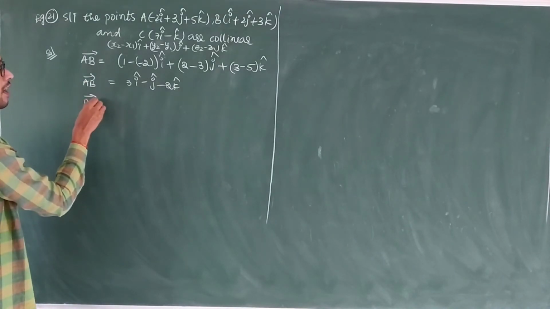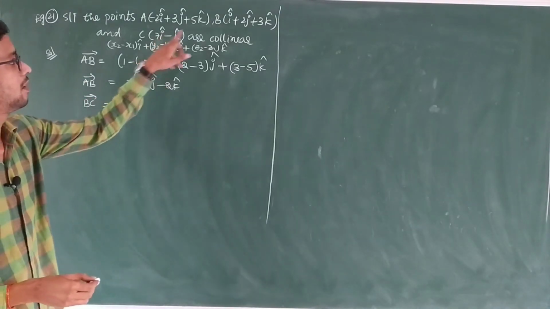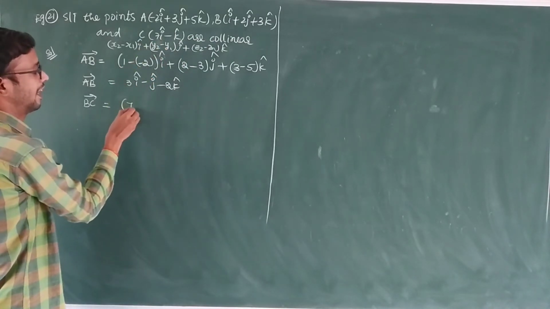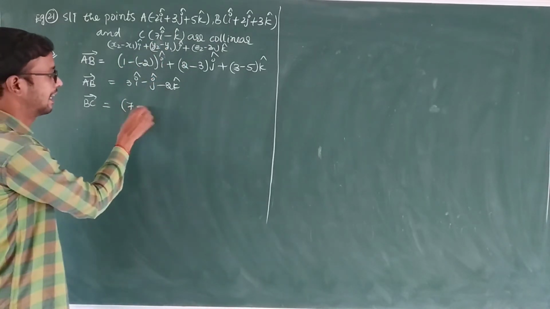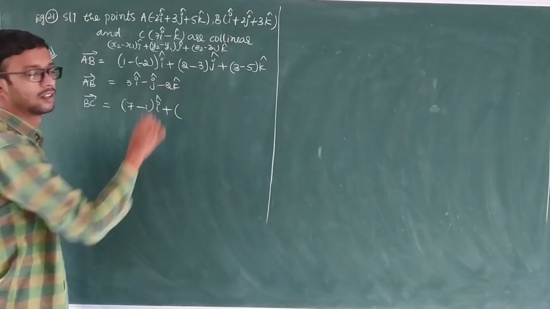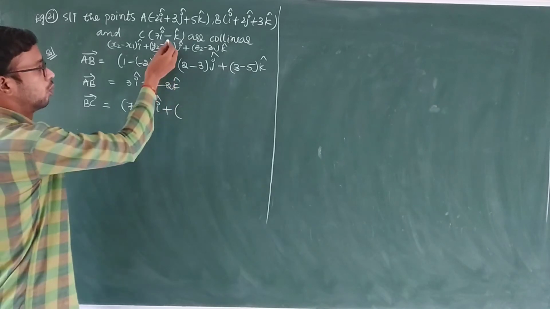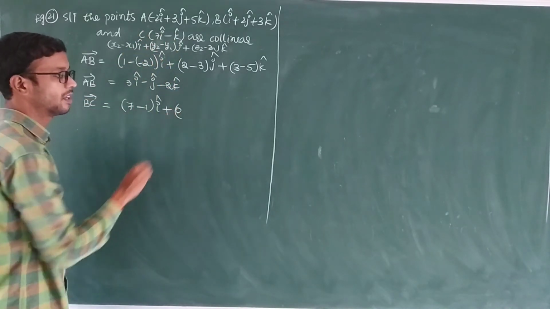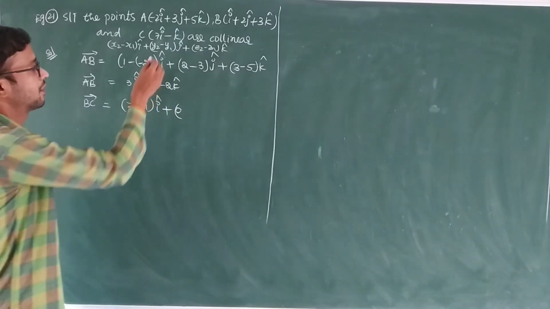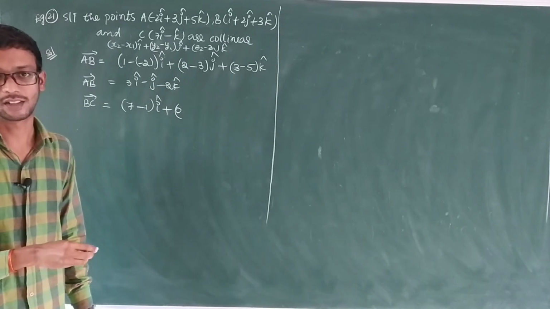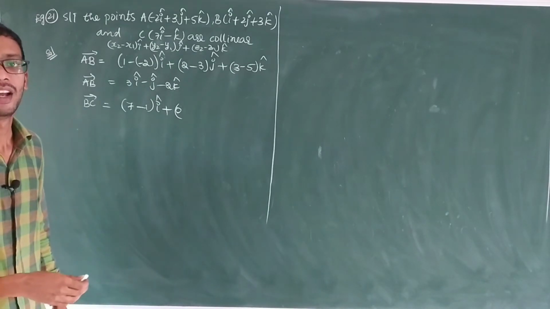Next, BC bar we have to find. Here x2 minus x1 i cap plus y2 minus y1 j cap. The j value is not there, which means 0. Compulsorily take 0 for the j value; don't skip it, otherwise the total will be wrong.